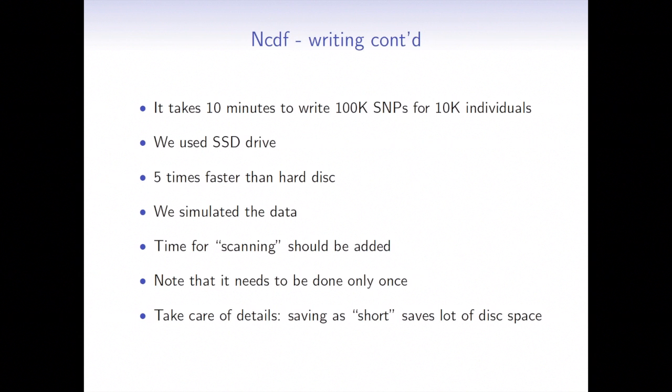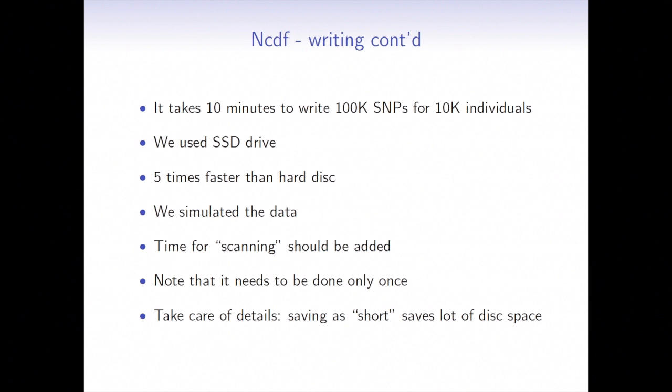So it took me around 10 minutes to save such a file on a disk, and I found an SSD drive very helpful. It was working much faster than using a hard disk, or especially if you use the network drives, they can be very slow. But remember that I am simulating the data, so it's not yet the final time, because I simulated my block and I was constantly saving the same block in the object.